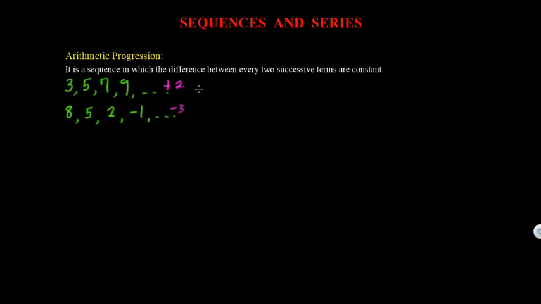So the value by which the sequence decreases or increases is what we call the common difference, and it is denoted with D. That's the common difference because that is what is common to them.